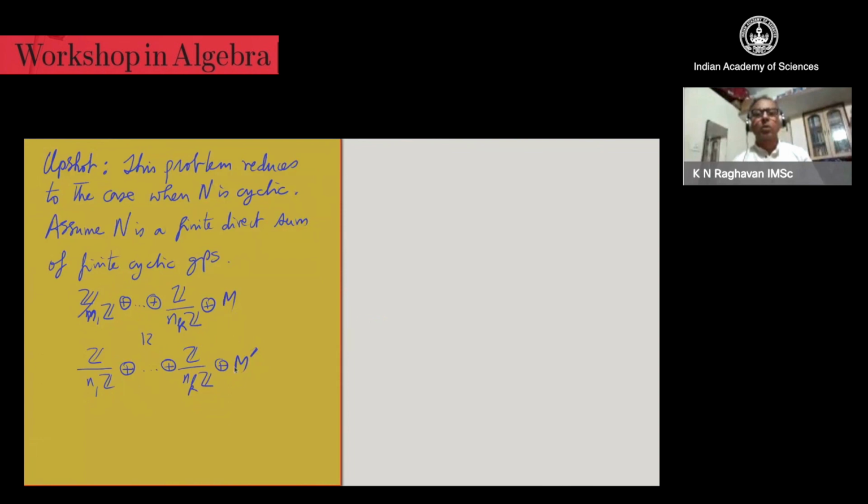So the point is that if this is true for N cyclic, then that's good enough. So it's already useful in answering such problems to reduce to the case when N is a finite cyclic group. Okay.